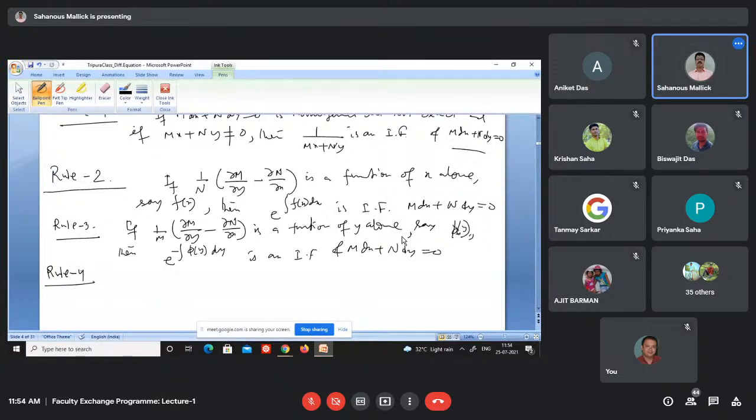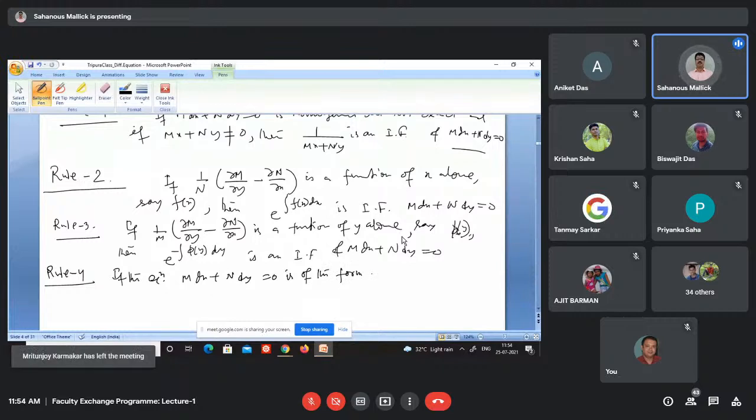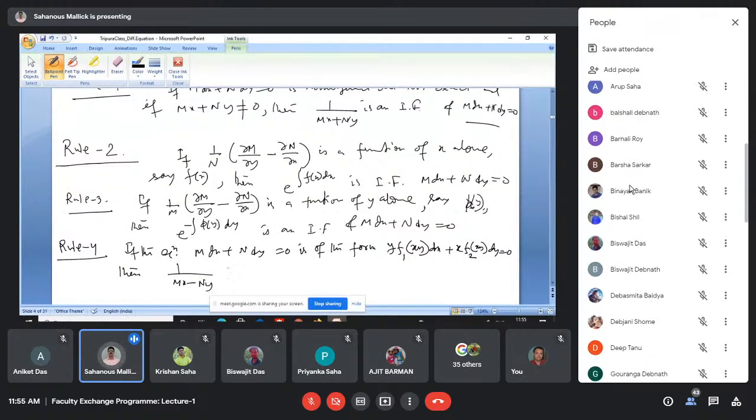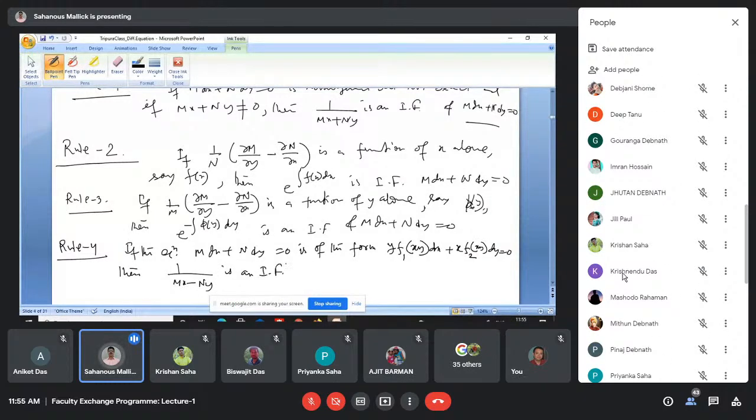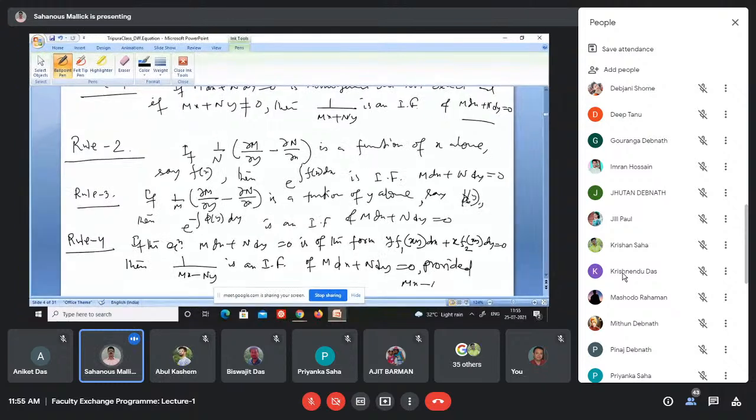Rule 4: if the equation M dx plus N dy equal to 0 is of the form, you have to remember this form, y f1(xy) dx plus x f2(xy) dy equal to 0, then 1 by (Mx minus Ny) is an integrating factor of M dx plus N dy equal to 0, provided Mx minus Ny is not equal to 0.